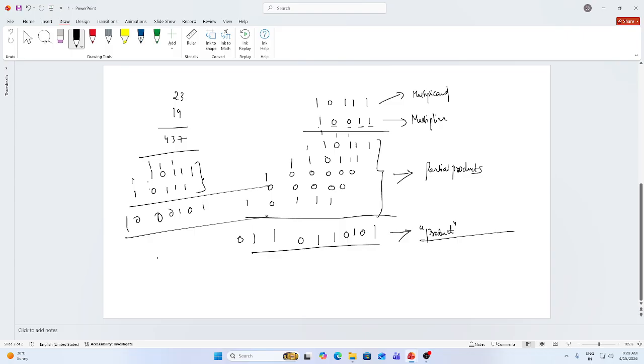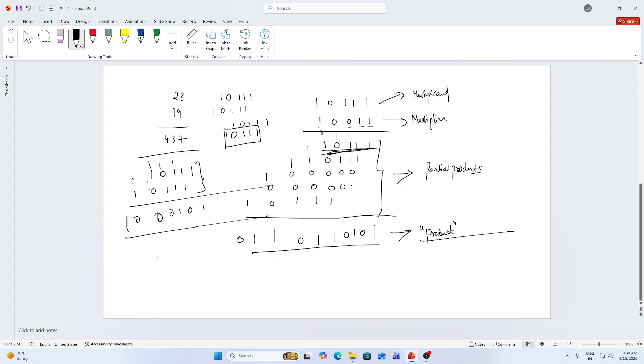So 1 0 1 1 1, instead of shifting left, I will keep the multiplicand fixed, and the partial product will be shifted right. This is another change I will do.